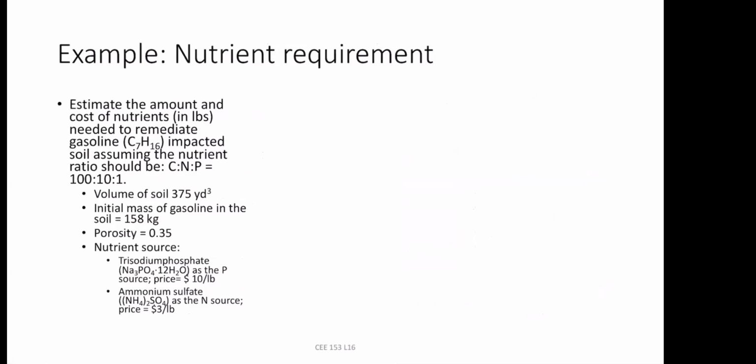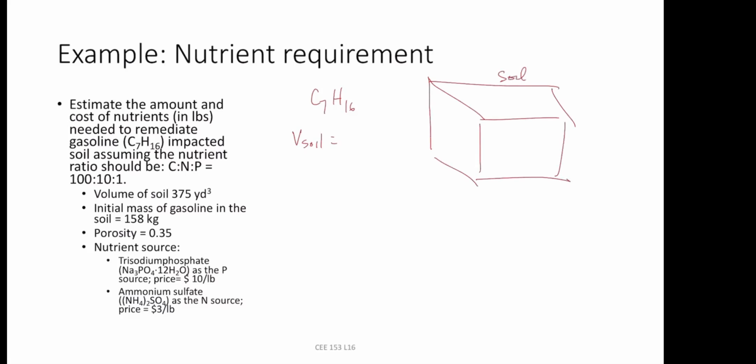Estimate the amount and cost of nutrients in pounds needed to remediate gasoline, with the formula C7H16, impacted soil, assuming the nutrient ratio C:N:P is 100:10:1. The volume of contaminated soil is 375 cubic yards.